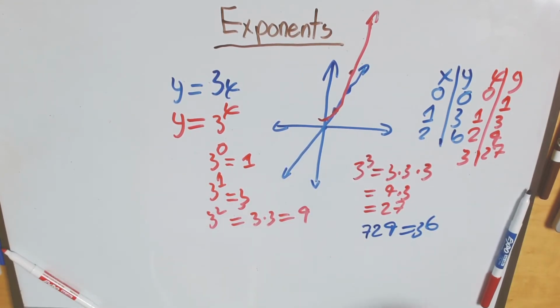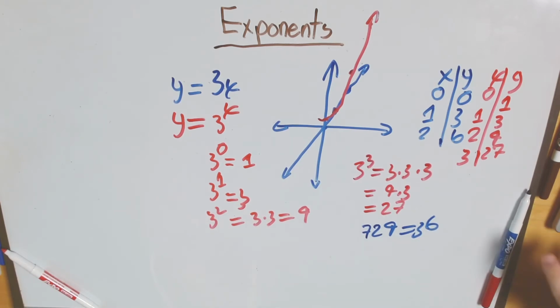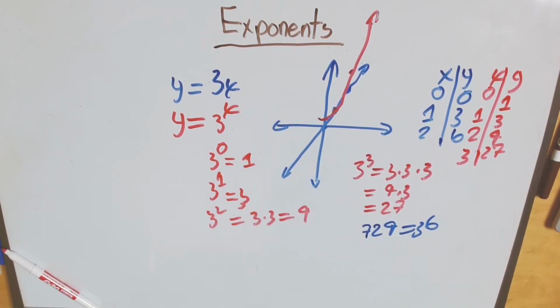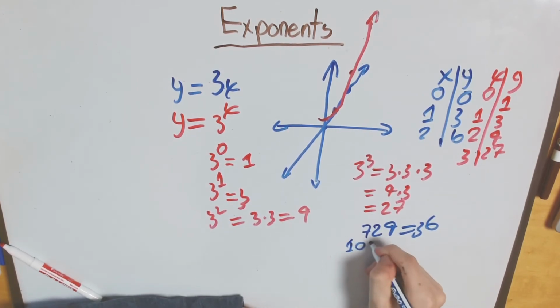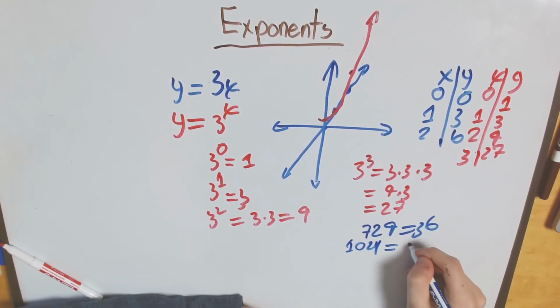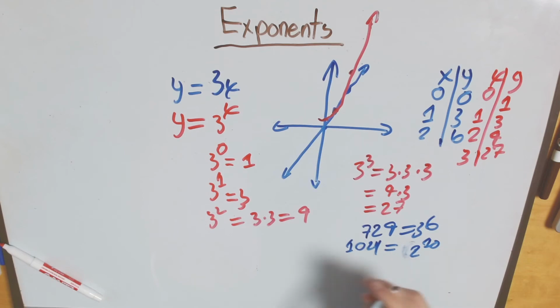It's a convenient shorthand that we can use for a whole bunch of numbers. And as we get bigger, exponents only become more useful. We can write 1024 as just 2 to the 10. It's a lot easier than writing 1024 over and over again.